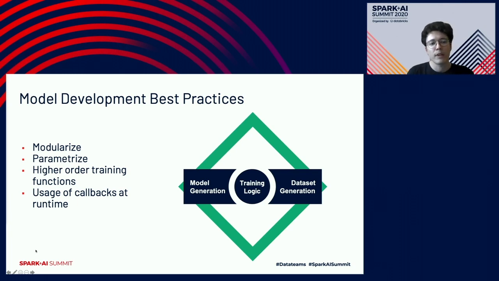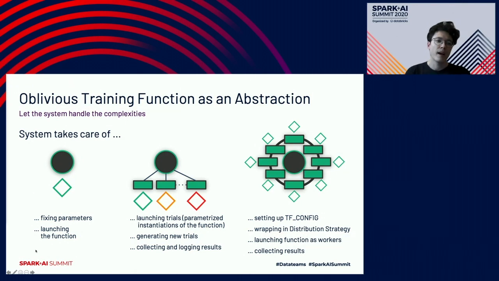And then we have one other tool available, which is the usage of callbacks that allows us to hook into the training loop at runtime to intercept it or get more information out of it when we need it. If we have these two concepts at hand, then we can actually let the system take care of a lot of the complexities involved with distribution and make our code transparent. And with that, I mean in the single host environment, that is, for example, just fixing the hyperparameters and launching the function.